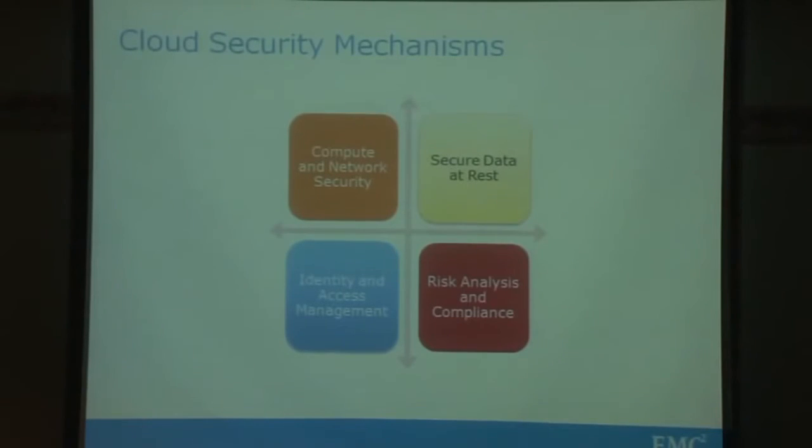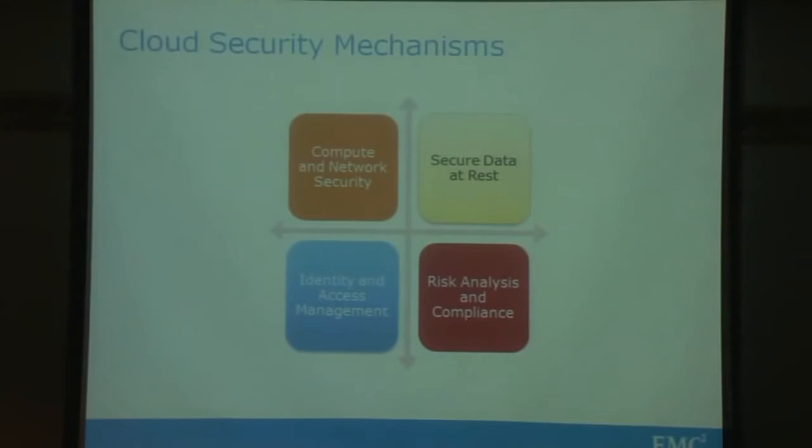So now we have explained the concerns, the threats, and how a cloud infrastructure can be attacked. Now, what are the security mechanisms available to make sure that your cloud infrastructure is secure? Compute and network level security: in a virtual environment, your compute, network and storage are all virtualized, so at that level, how do you ensure that security is maintained?